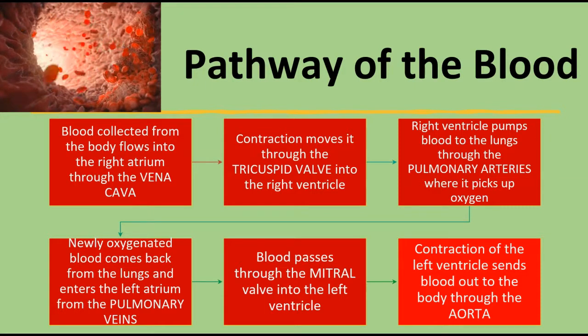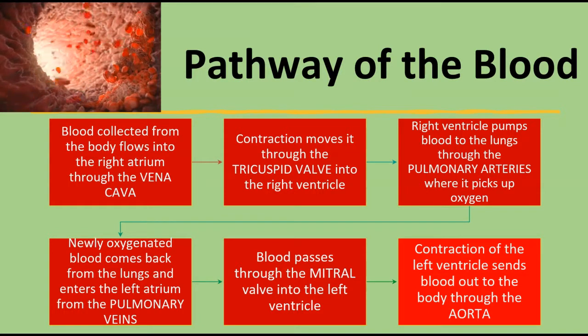That newly oxygenated blood comes back from the lungs and enters the left atrium from the pulmonary valves, where then the blood passes through the mitral valve and into the left ventricle, and then a contraction of the left ventricle sends the blood out to the body through the aorta.